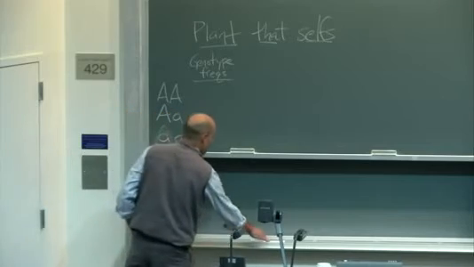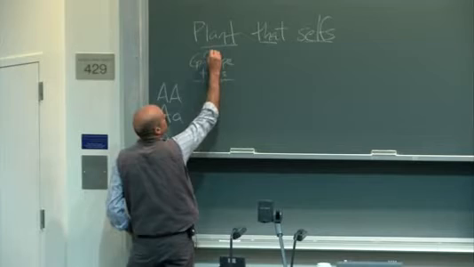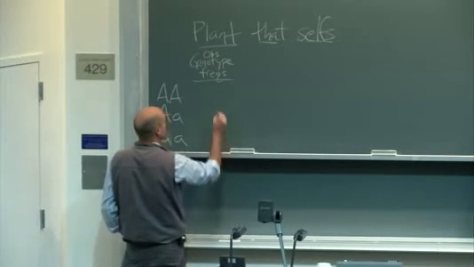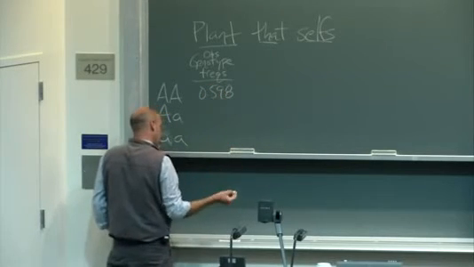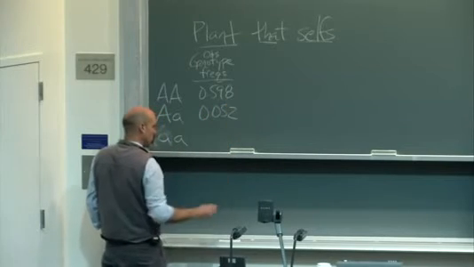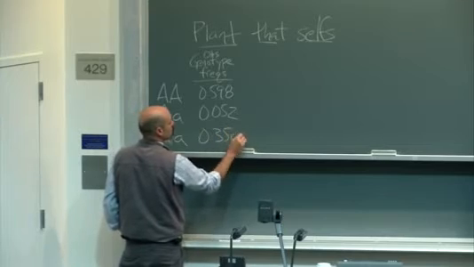So if you're given observed genotype frequencies in this population of 0.598 and 0.052 and 0.350.